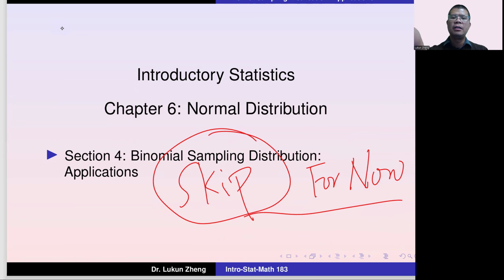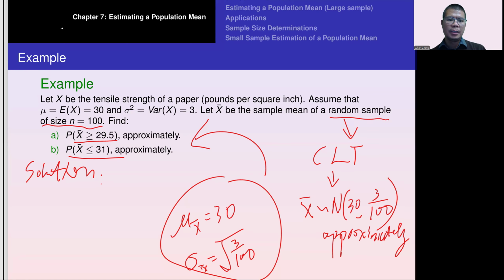And finally, chapter 7, section 1 in chapter 7. Okay, very good. So this is the review for the final exam.